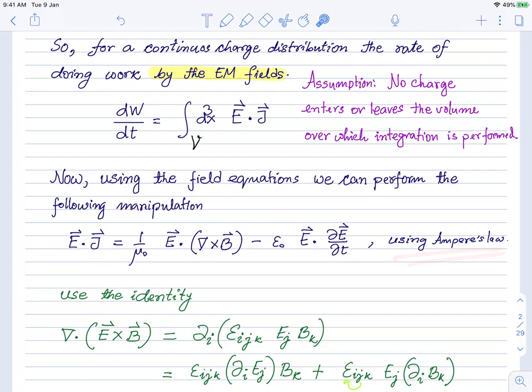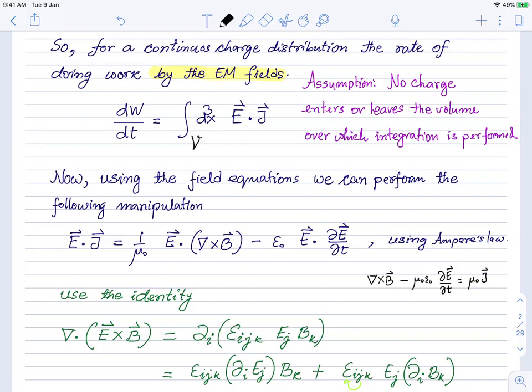Ampere's law is nothing but the curl of B equation: curl of B minus mu naught epsilon naught times del E del t, and this is equal to mu naught times J.